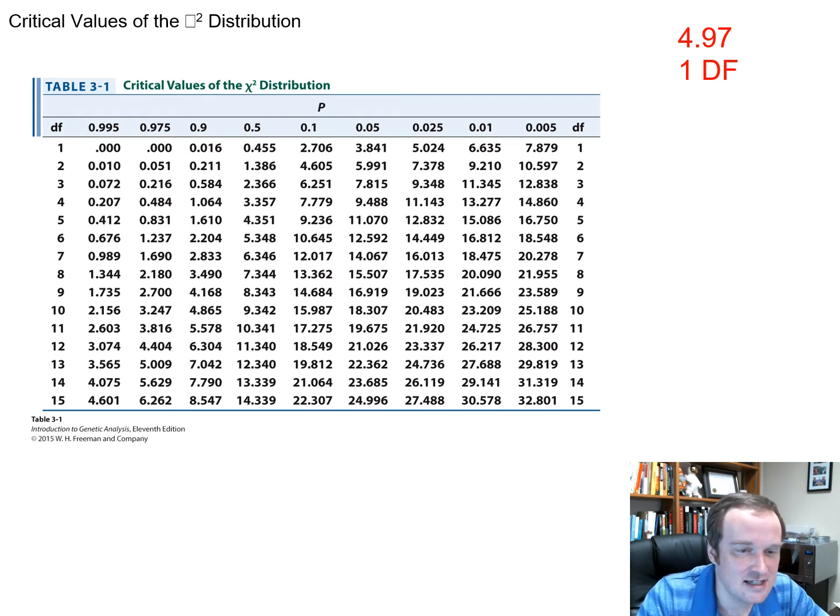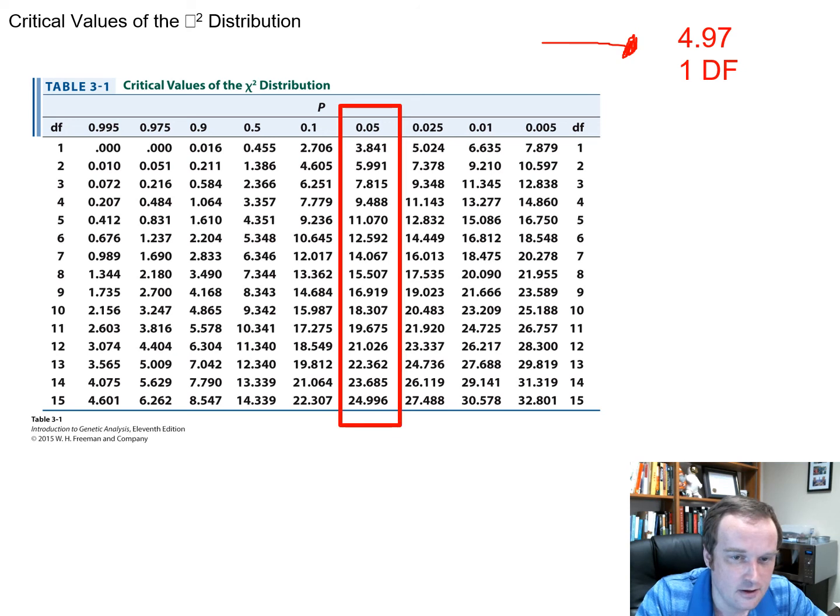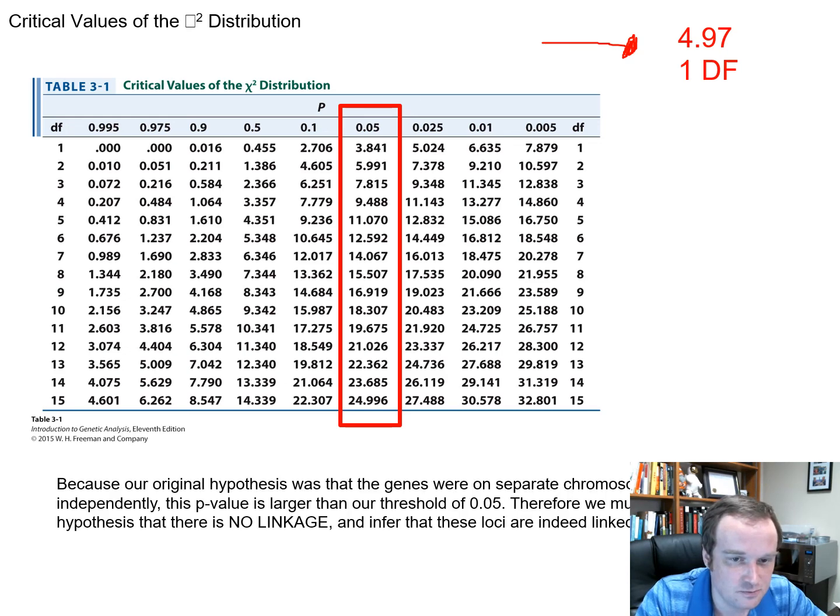So now lastly, we are going to look in the chi-square table here to see if these genes are assorting independently or if they are linked. And so from this, we have our chi-square value of 4.97 with 1 degree of freedom, so this top row. And we take this value of 0.05 as our significance threshold.